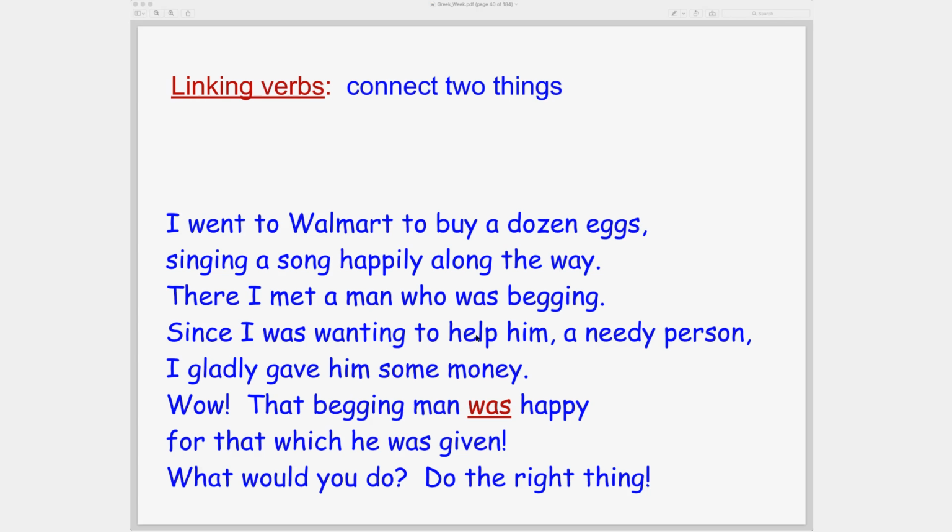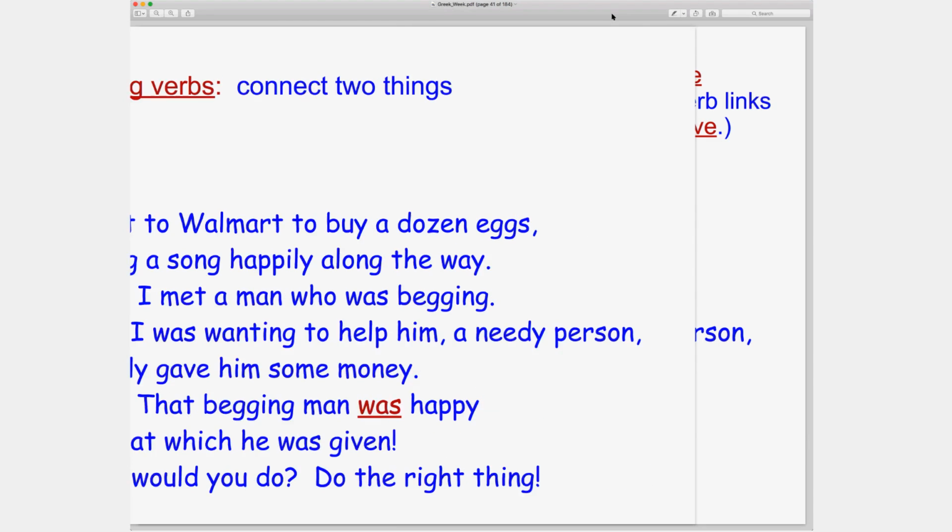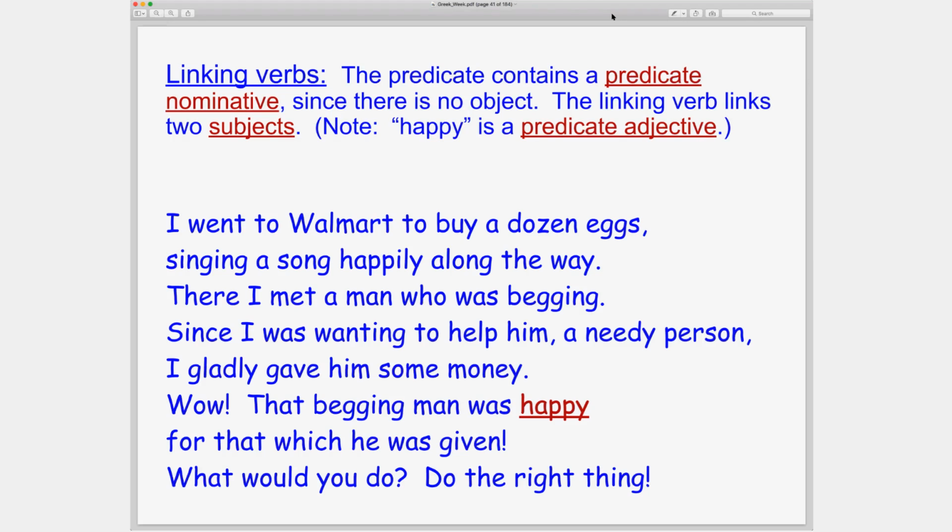And as I diagrammed yesterday, it's linking because you can just put an equal sign here. The begging man is equated to the adjective happy. I could have said happy was the begging man. I could switch them around and it would not make any difference. Linking verbs can, the predicate here is a predicate nominative and a predicate adjective. So nominative is the case, adjective is the part of speech.